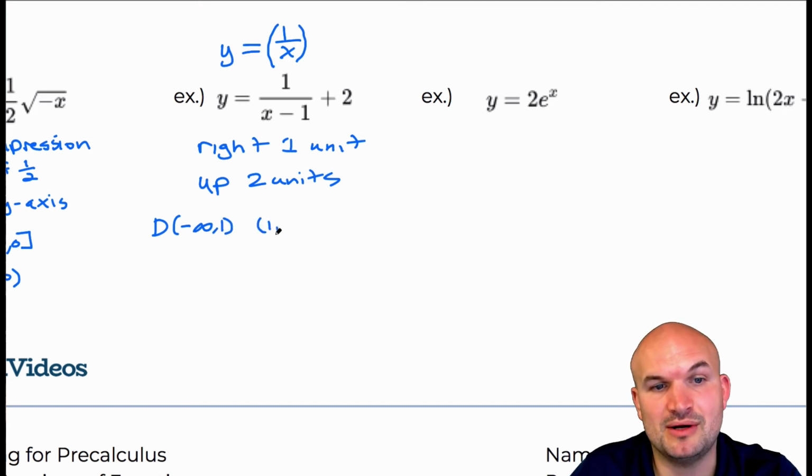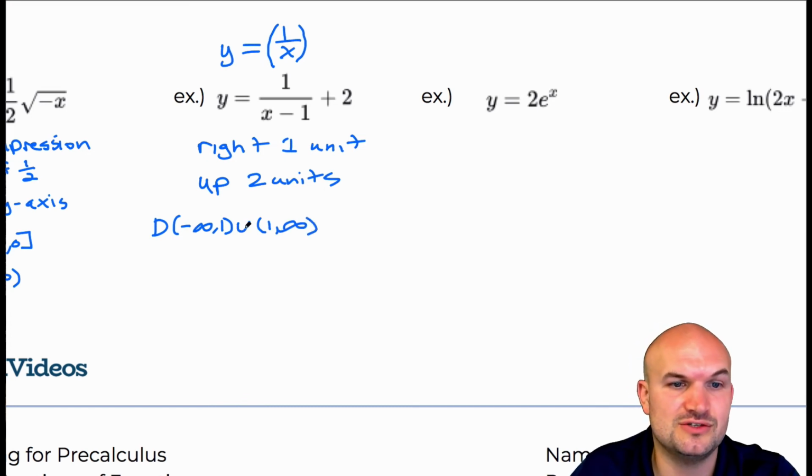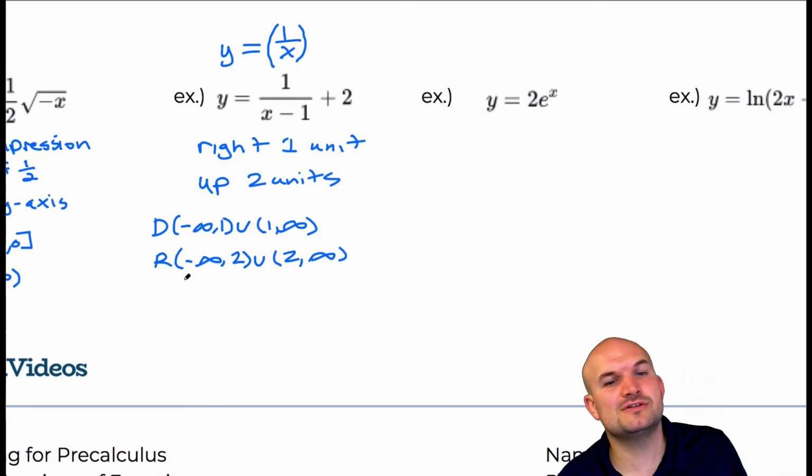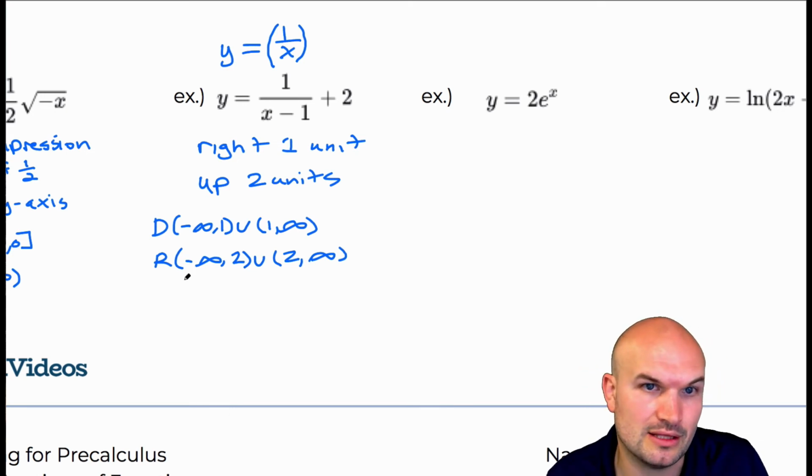Again, remember, I'm using parentheses because 1 is not defined. And then we'll just connect those with the union symbol. For the range, that's going to be from negative infinity to 2, and then from 2 to infinity. And again, we'll just use the union symbol. You don't have to use the union symbol, but it's nice to understand how those are connected.